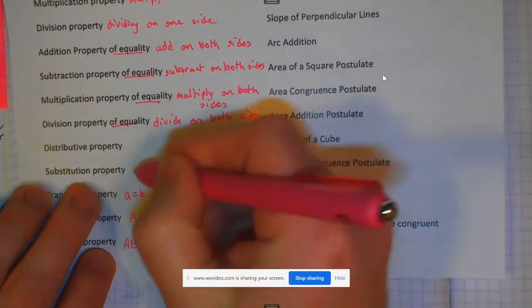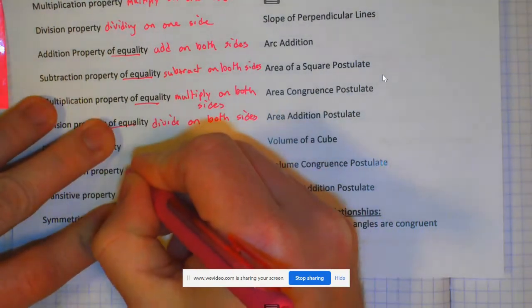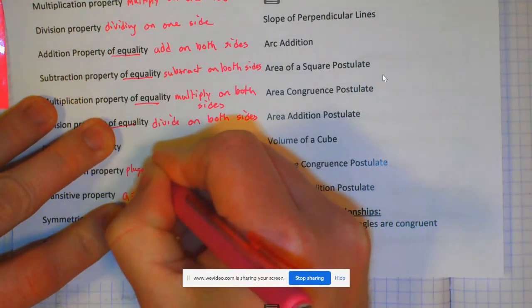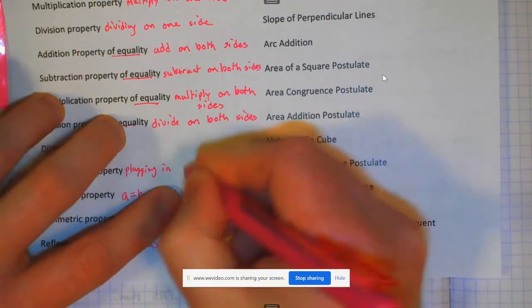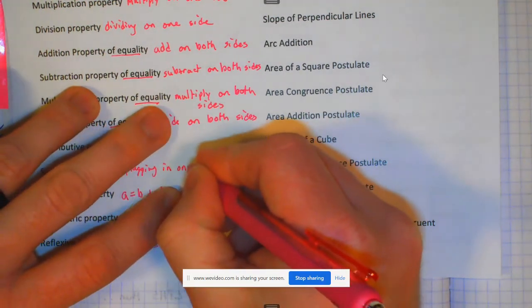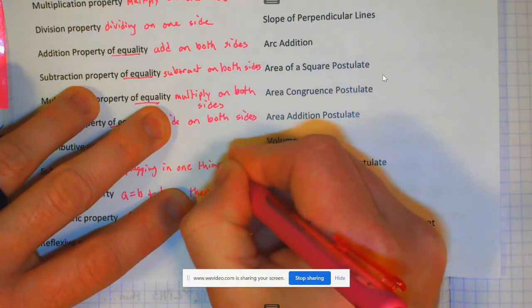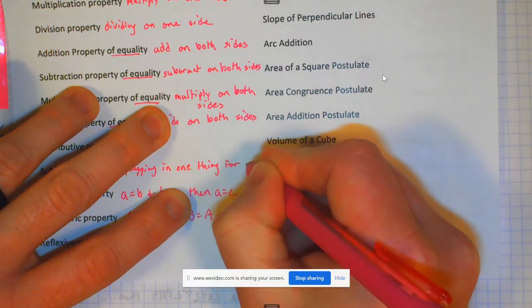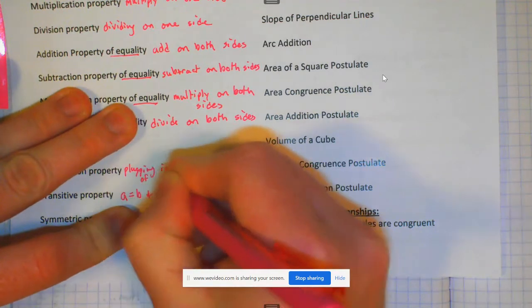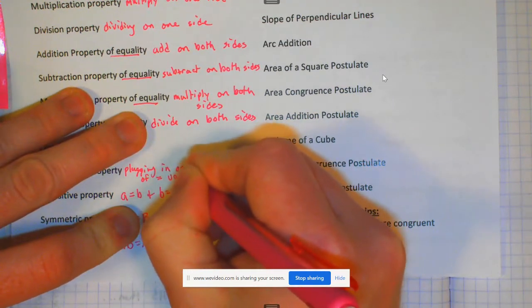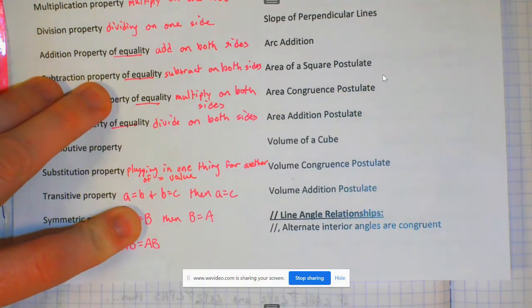So the substitution property is plugging in one thing for another of equal value. We're just making a substitute.